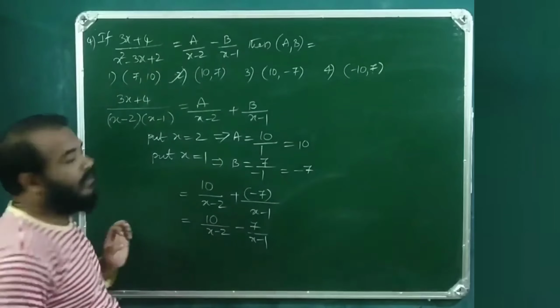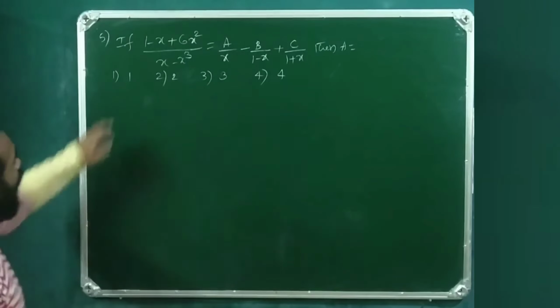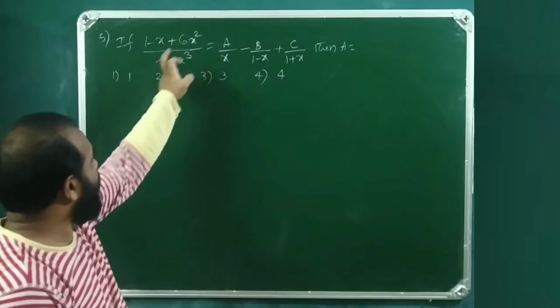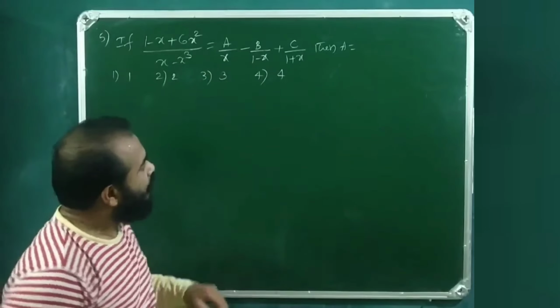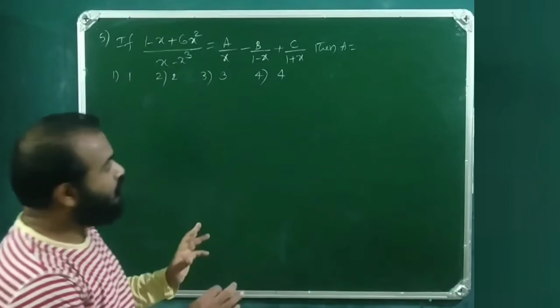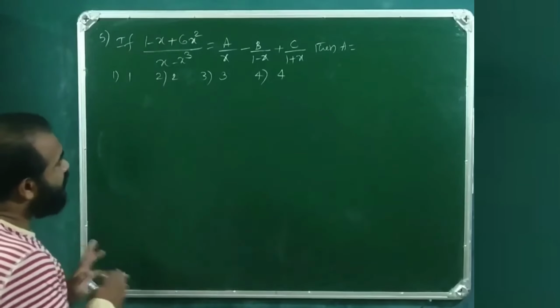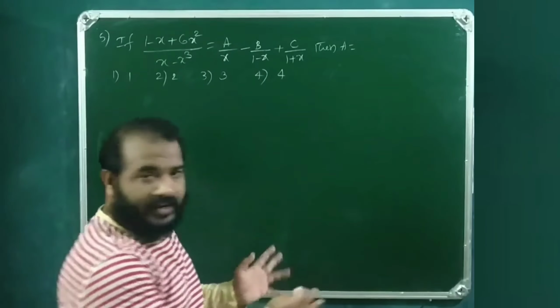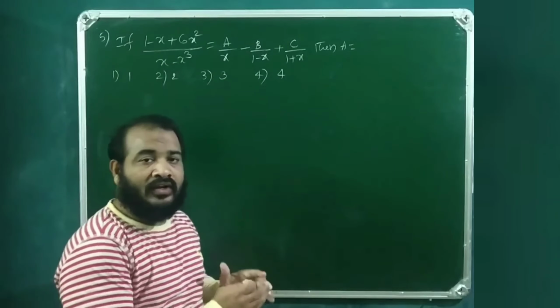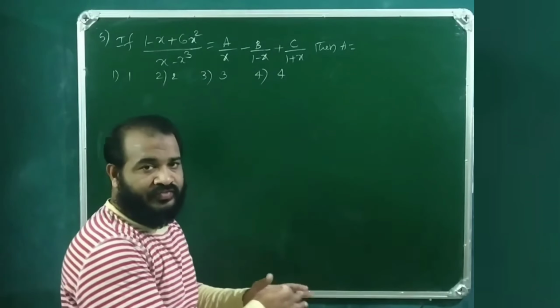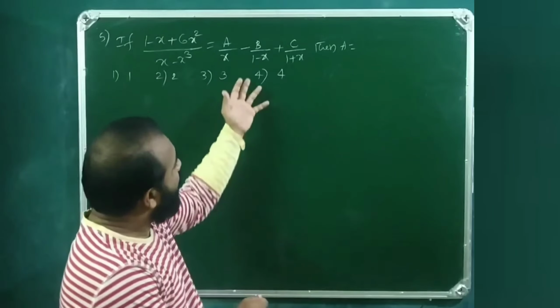So option number 2. If 1 minus x plus 6x square by x minus x cube is equal to this, then a is equal to how much is what we need to find. Since we are not required to find the remaining values of b and c, the shortcut that we have used for the last problem will be used here.